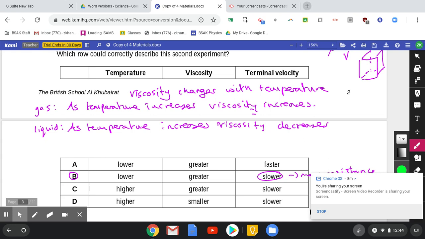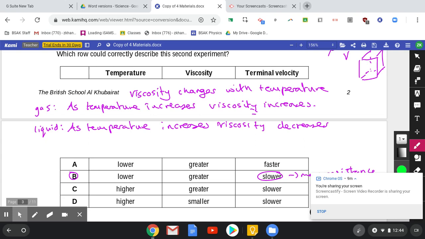Once the engine starts running and is hot, the oil goes through it, and when you're replacing the oil, it's often very thin. An increase in temperature makes oil very runny. When it's cold, it's like honey, whereas when it's hot, it's like water. So as the temperature increases, the viscosity decreases.